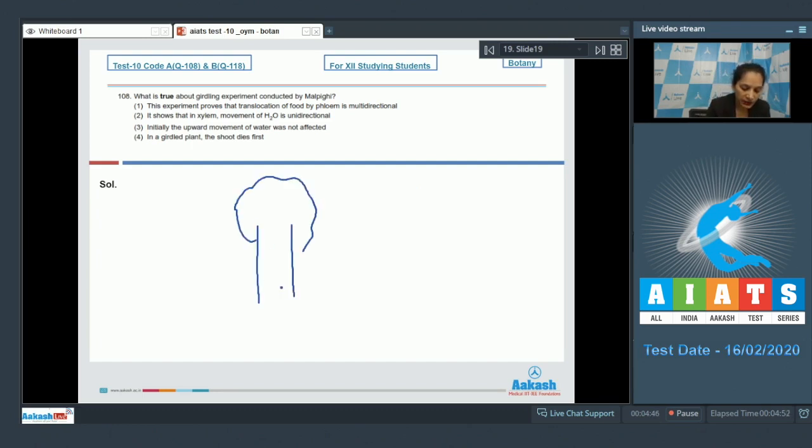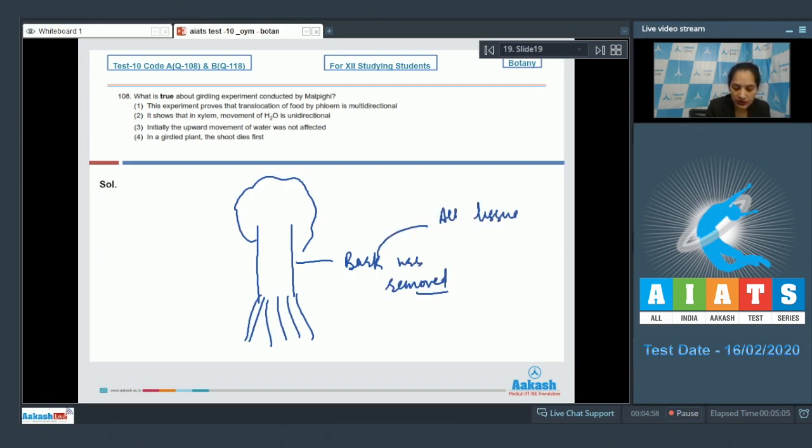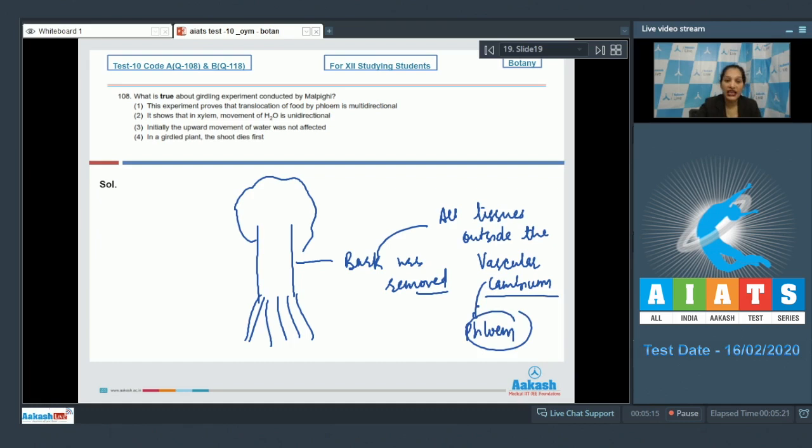If this is the tree and these are the roots of the tree, then bark was removed. And what is bark? Bark is all tissues outside the vascular cambium. It means it includes phloem also. So phloem was also removed from here.